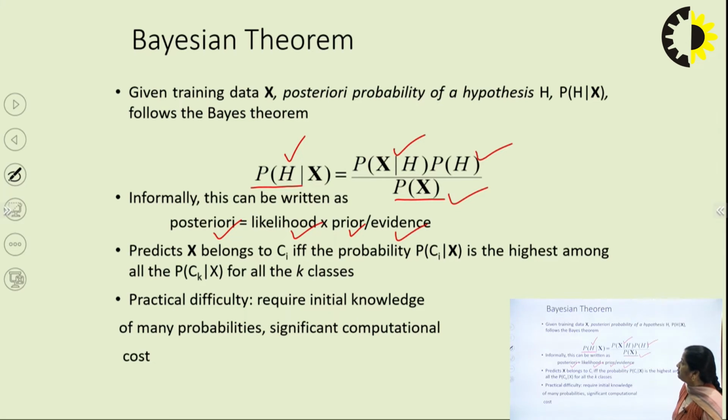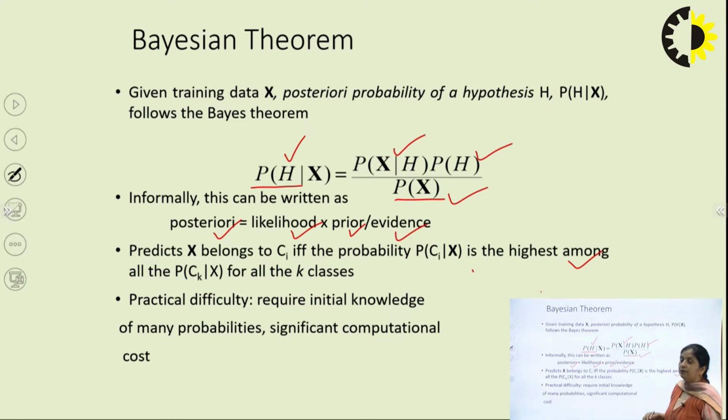What are we predicting? We predict that X belongs to Ci if and only if the probability of Ci when X is observed is the highest among the probabilities of all the different classes when the observation is X. So we will find the probability corresponding to all the classes when the observation is X, and we will take the one having the highest among all.